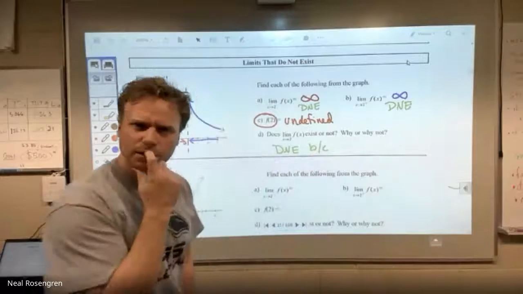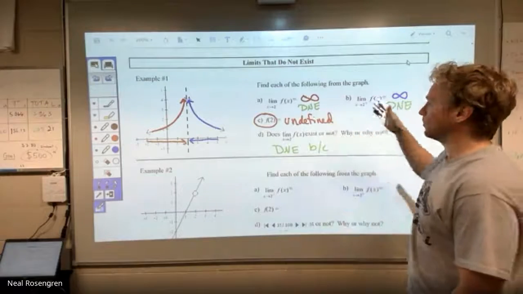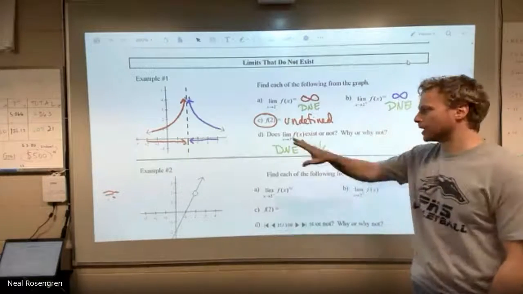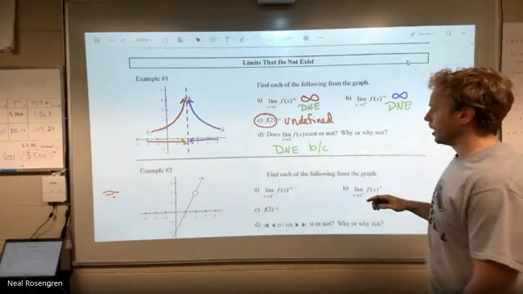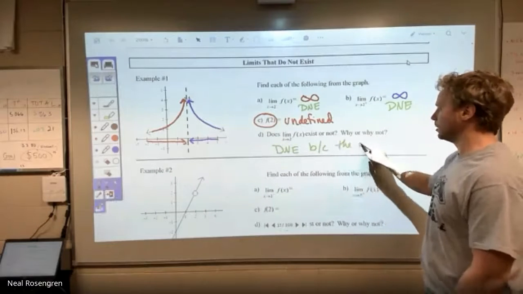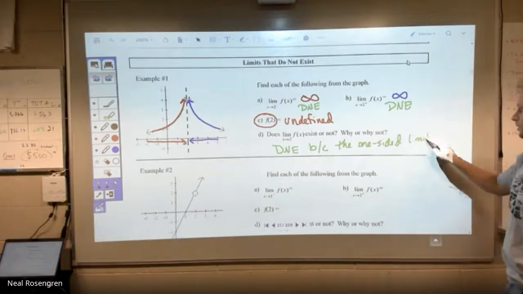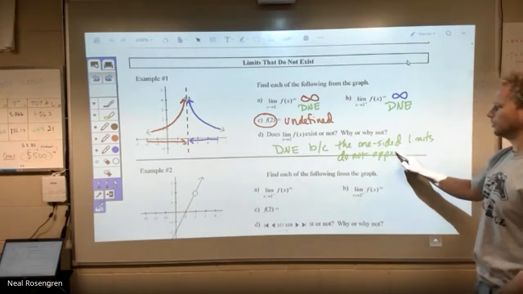It doesn't exist because it's not a real number. Does not exist because what? It's not a real number. Yeah, we're not approaching an actual real number. The limit from the left and the limit from the right are not equal to a real number. So I would say it does not exist because the one-sided limits do not approach the same real number.